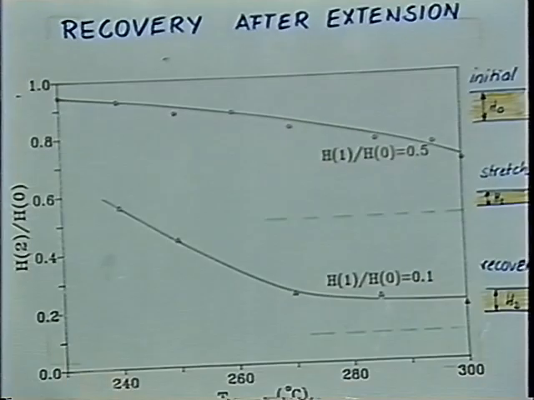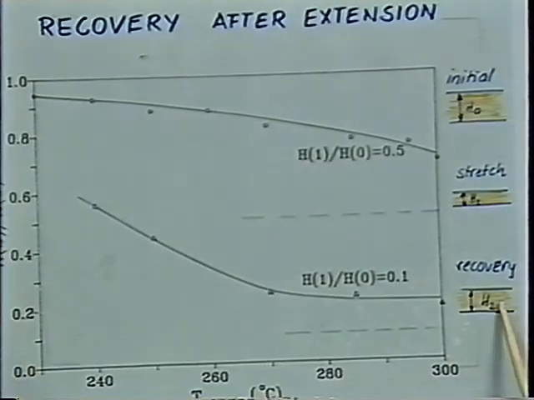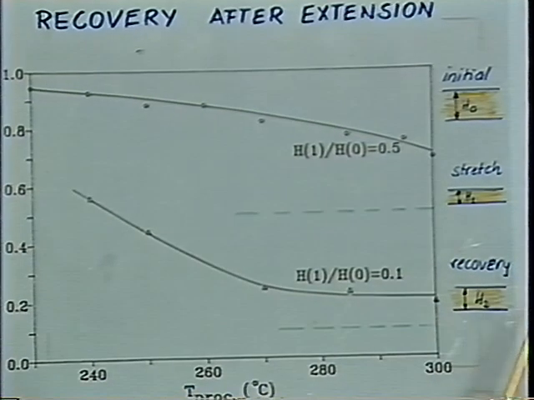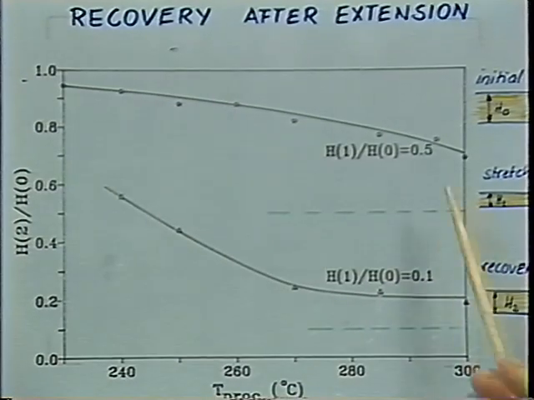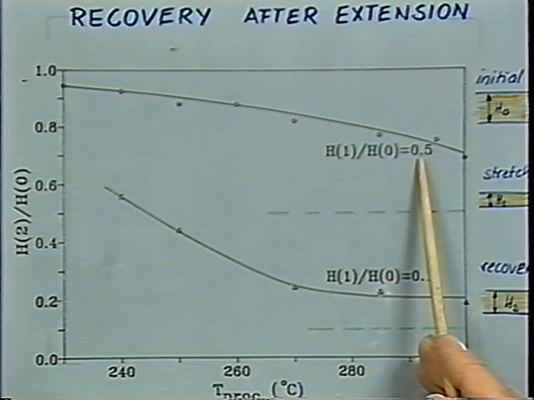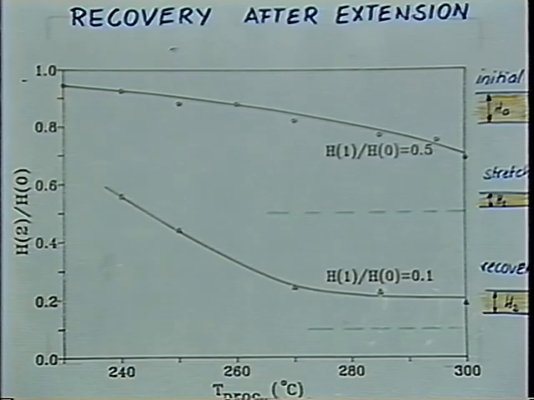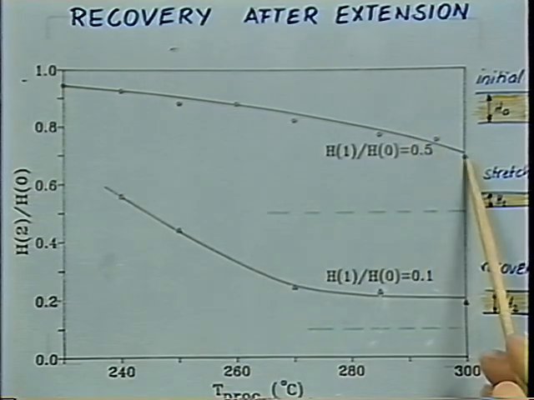The recovery, which is given by H2 over H0, if this is equal to 1, then we would have complete recovery. But you can see that in some cases where we squish the sample down to half its thickness, it recovers to 95% of its original height, or here it recovers to 70% of its original height.